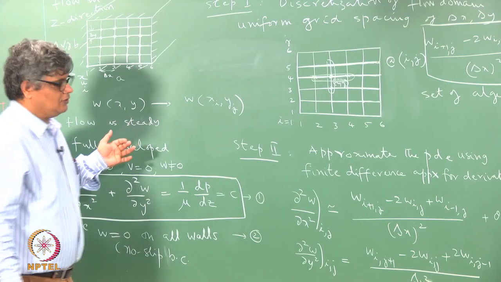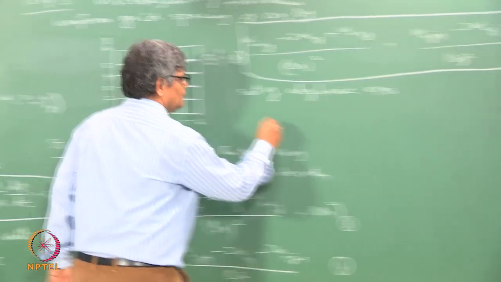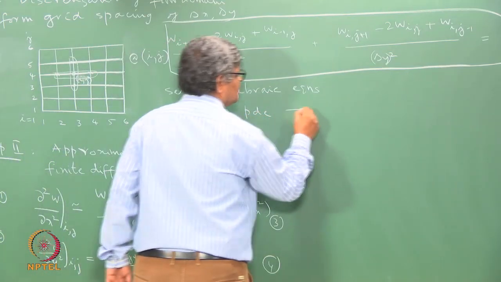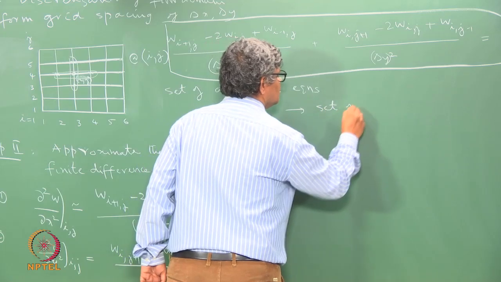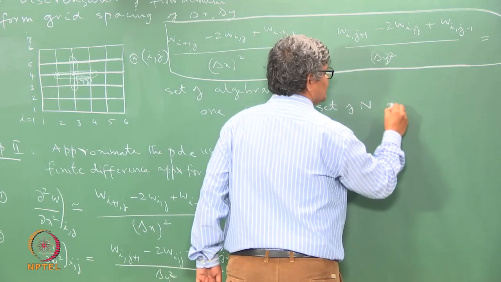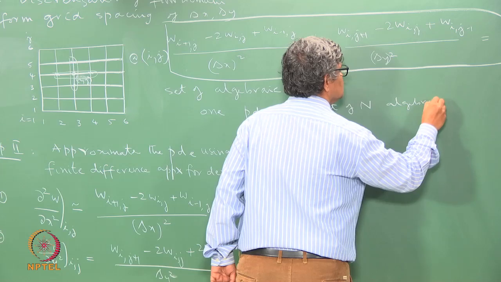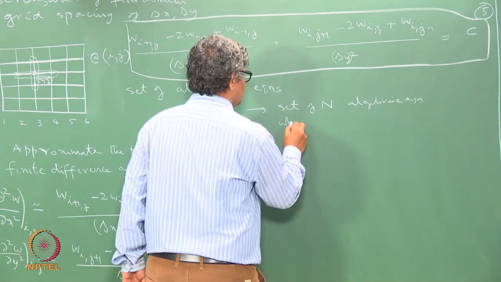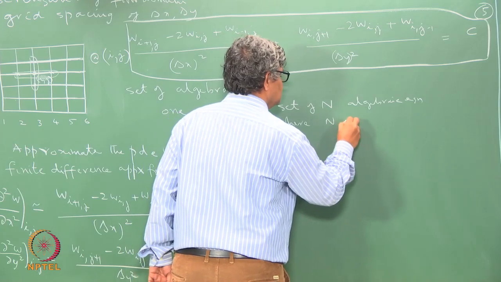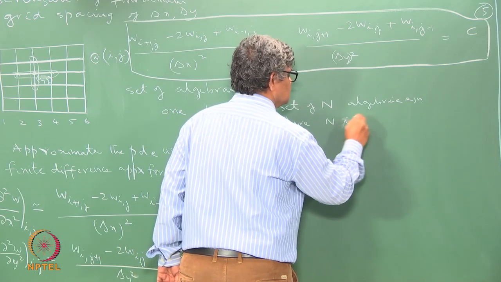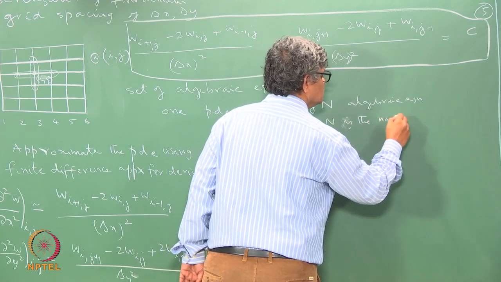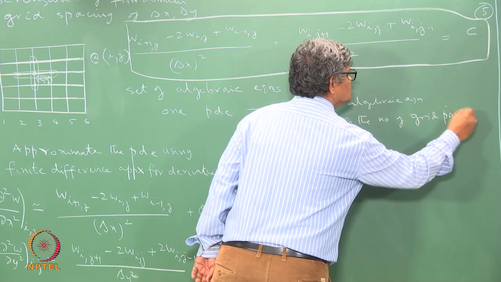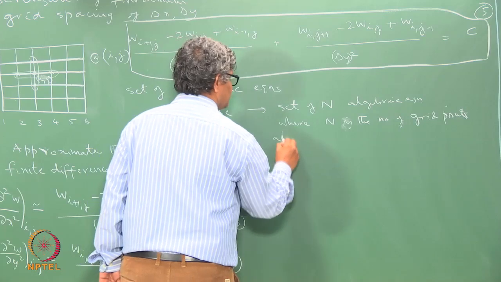So in step 2 we go from 1 PDE into a set of n algebraic equations, where n is the number of grid points at which W is to be found.